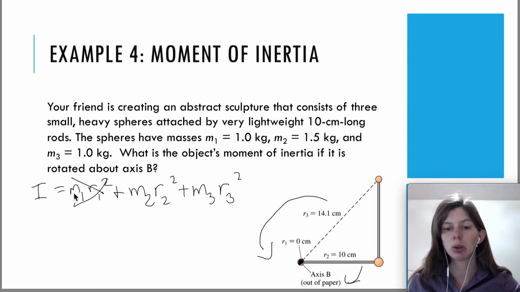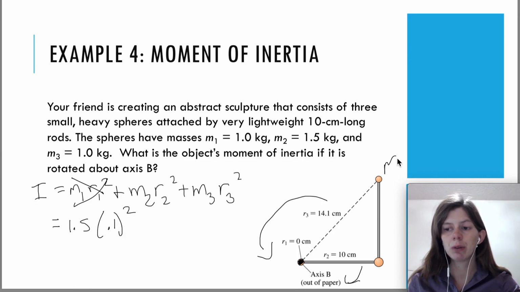So that does not contribute to the moment of inertia. What we're saying is that mass 1 does not affect how easy or how hard it is to rotate this object. So let's look at mass number 2 here. The distance is still 10 centimeters from the axis to that mass. So 0.1 meters. The mass is 1.5 times 0.1 squared.